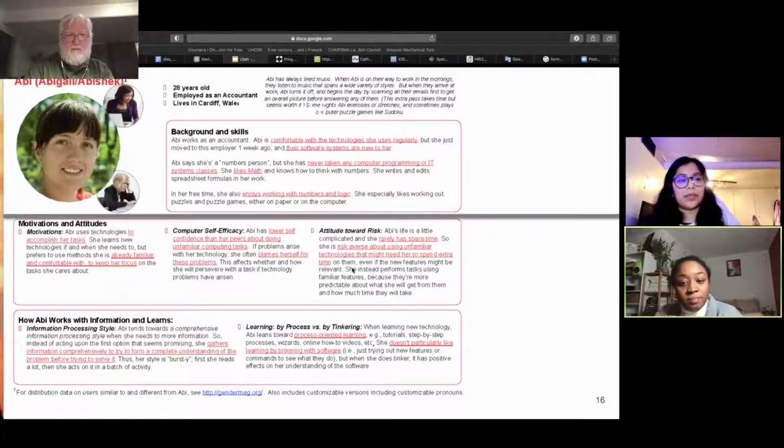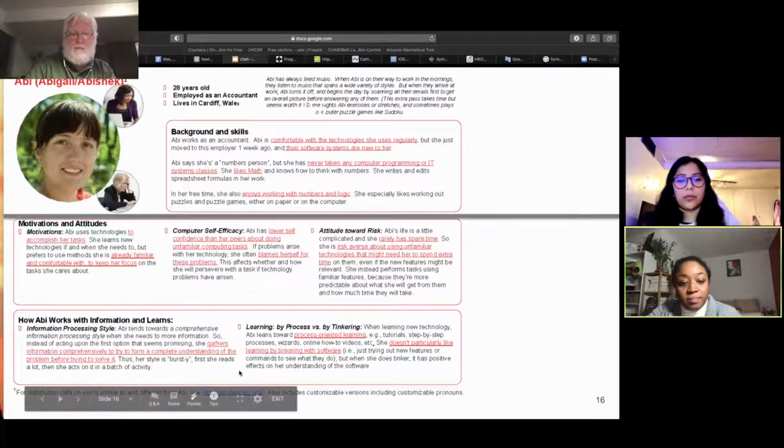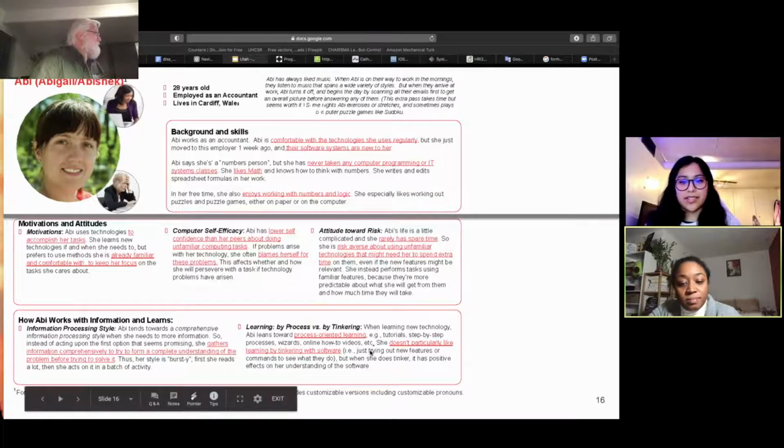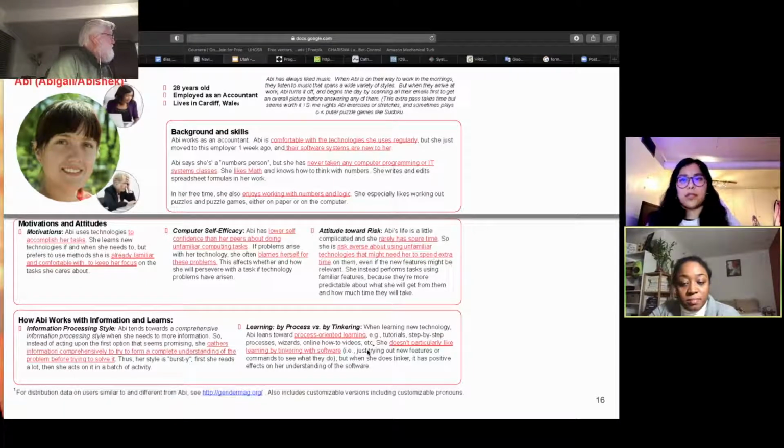Then for information processing style, Abby likes to gather information comprehensively to form a complete understanding of a problem before trying to solve it. And then finally, for learning by process versus tinkering, Abby is a process-oriented learner, so she likes things like tutorials and walkthroughs. And if we were to consider the other side of this spectrum, for example, the risk tolerance side, the side that likes to tinker, that would be the Tim side of the spectrum.